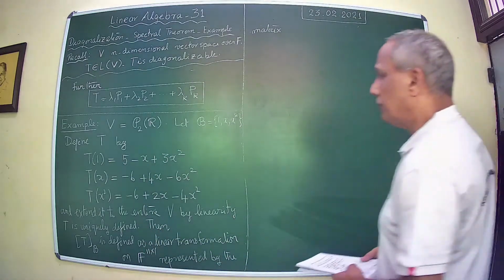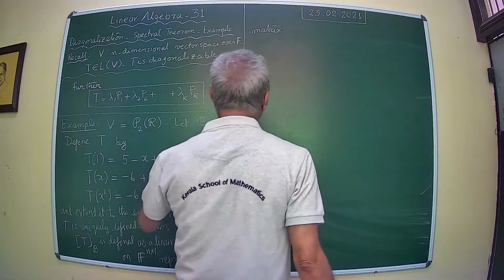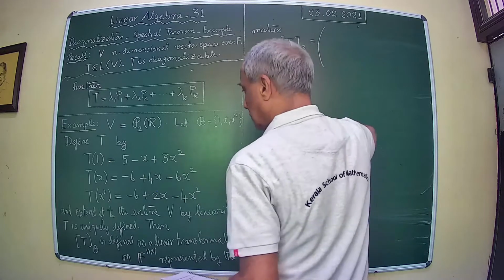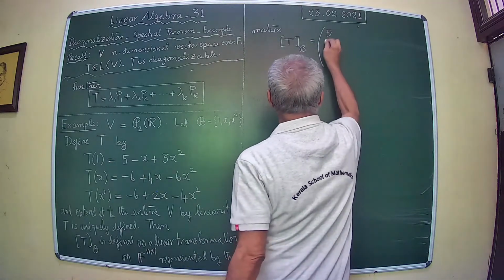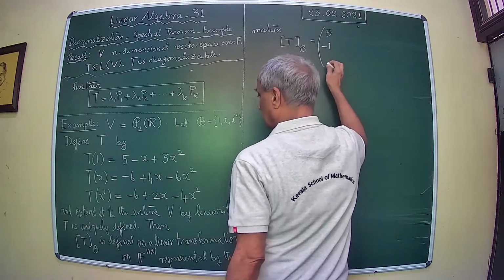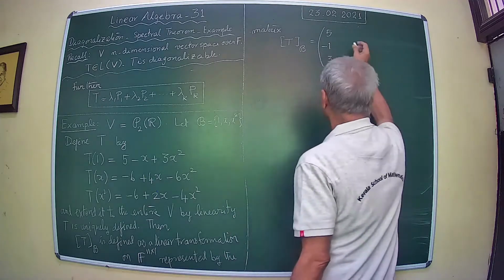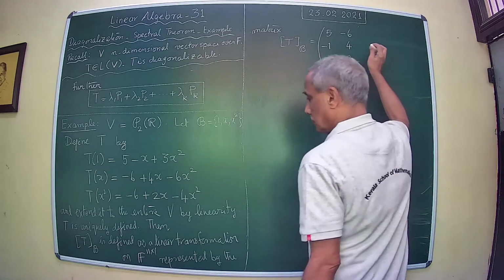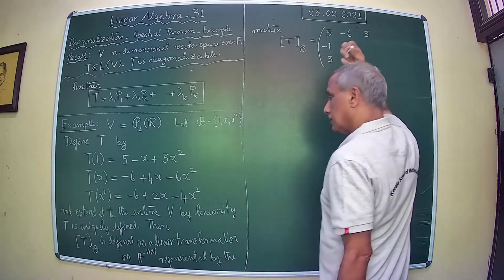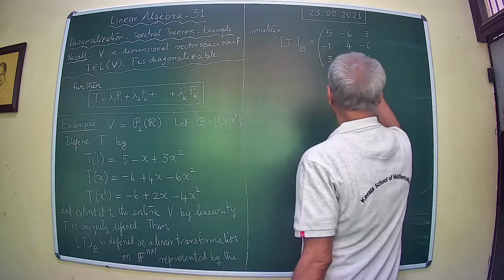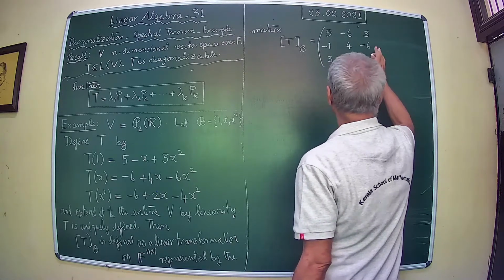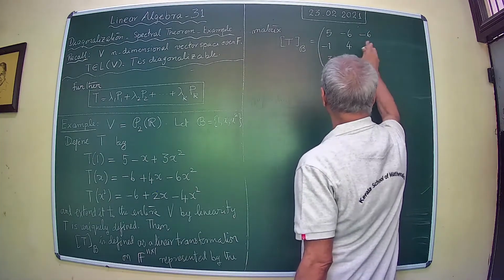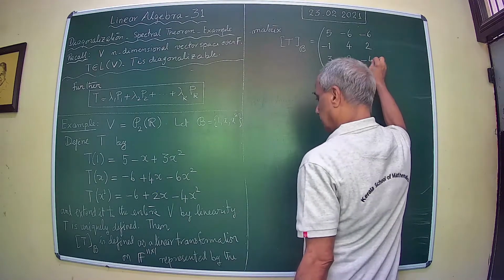See the coefficients here, 5, -1, 3 goes as the first column of the matrix. Then the next columns follow: minus 6, 4, 2, and minus 6, 2, minus 2.